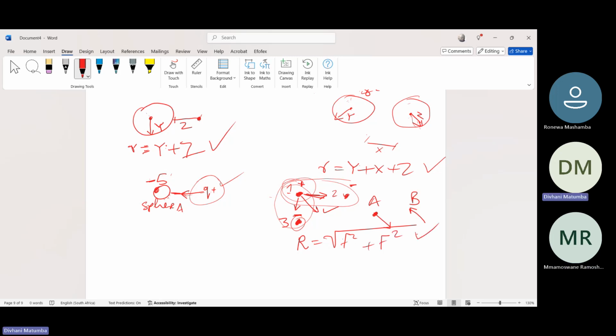Sometimes they will give you an angle, yes. But usually you are supposed to be the one to calculate the angle. If you get your resultant force, you will have a value, and you will be able to determine that angle if you have 3 values.